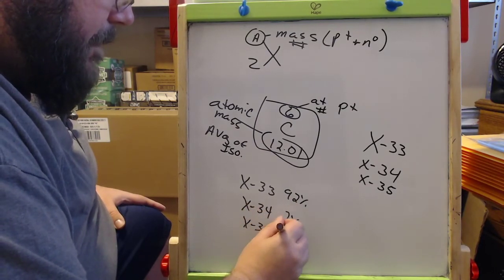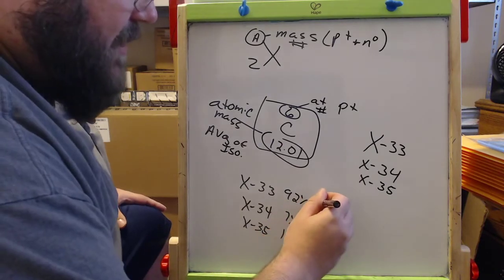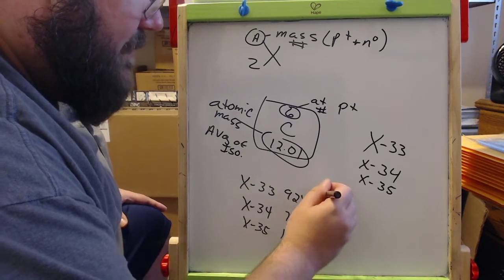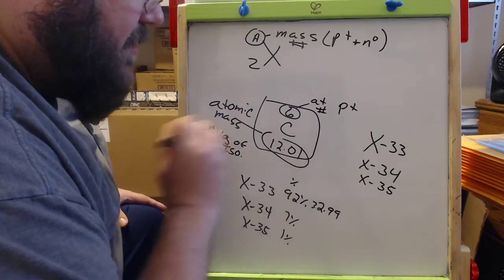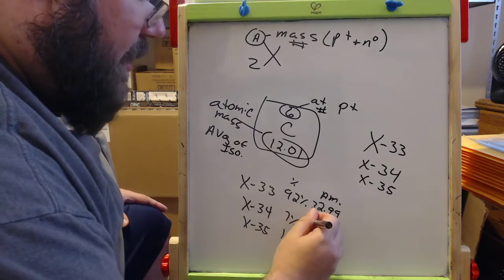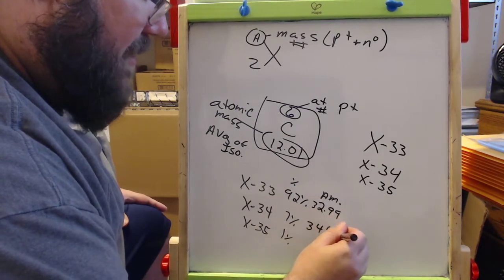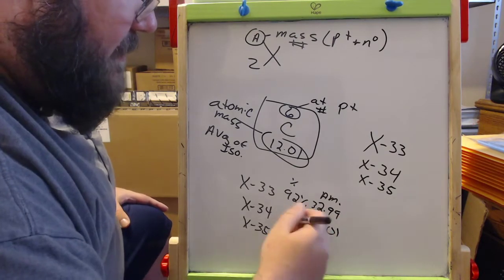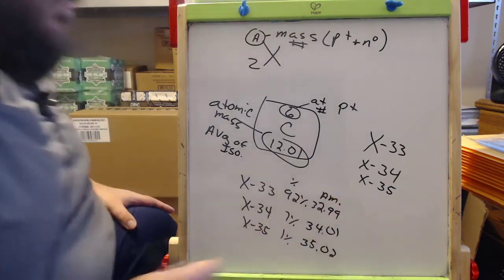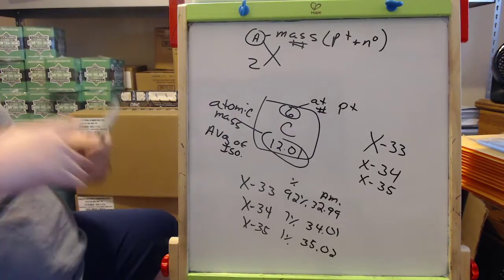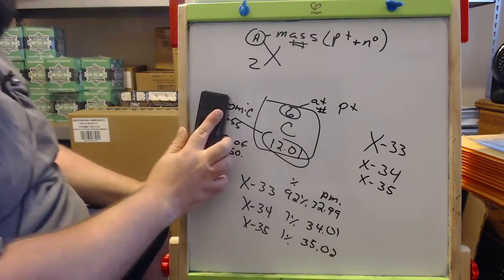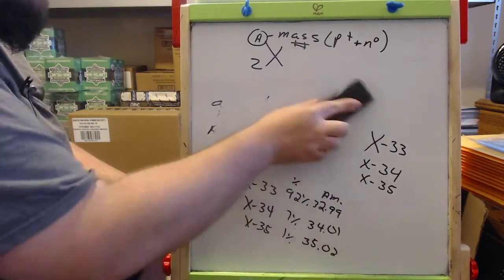And it'll give us a mass. It'll say this is really 32.99 mass. Here's its percent abundance, and here's its atomic mass: 32.99, 34.01, and it actually takes it out to a lot more decimal places, and 35.02. Now, I want to find the atomic mass of this fictitious element. What would I report or find on the periodic table?